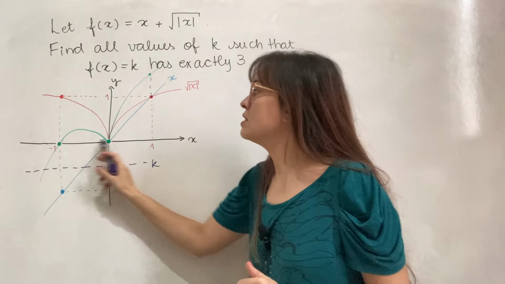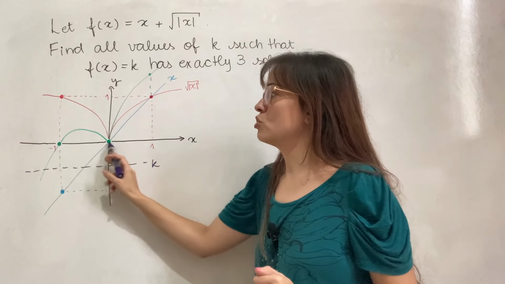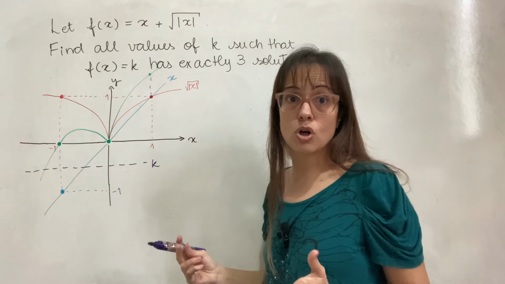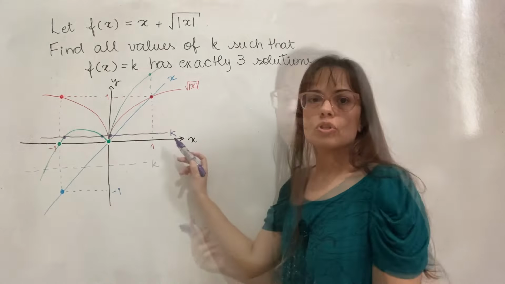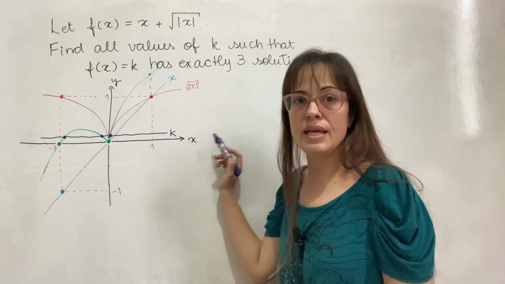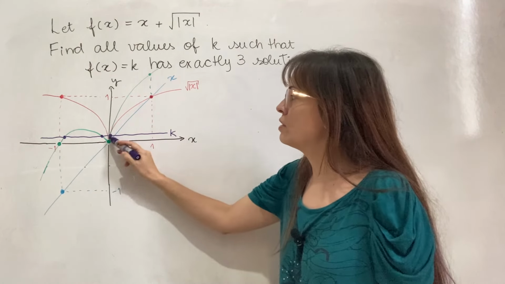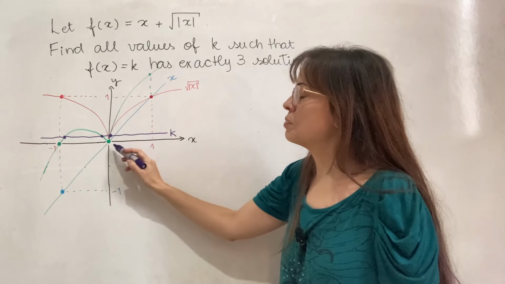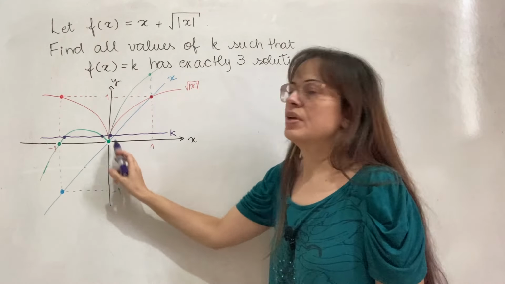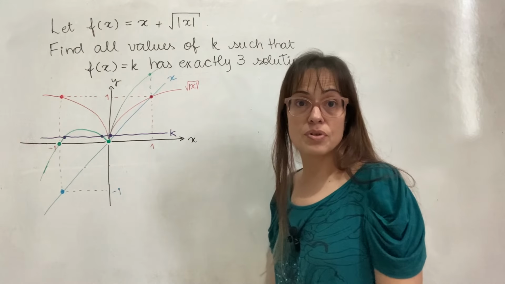If k was 0, it would have two solutions, which are the two zeros. That's also not what we want. We want three solutions. So three solutions we have here, for example: 1 in this final increasing part, 2 and 3 in that left side over there.